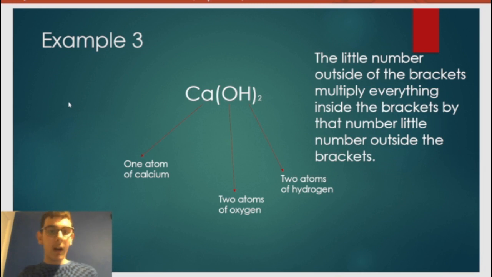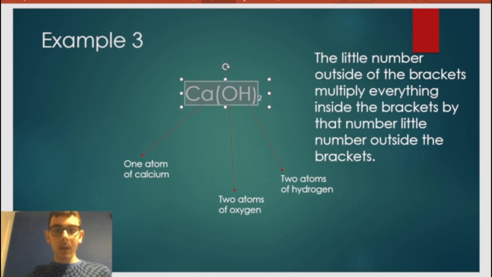Now, example 3. You could be shown any of these examples in your exam and asked to give the chemical formula, or just give it as a symbol formula like it is shown here. So when we have brackets and a number outside the brackets, in this case the 2, we have to times everything that's inside the brackets by 2.